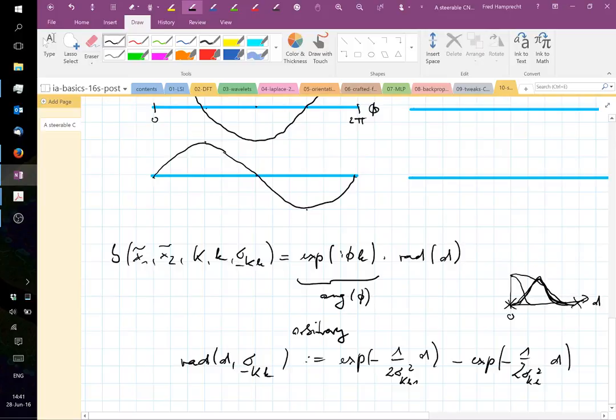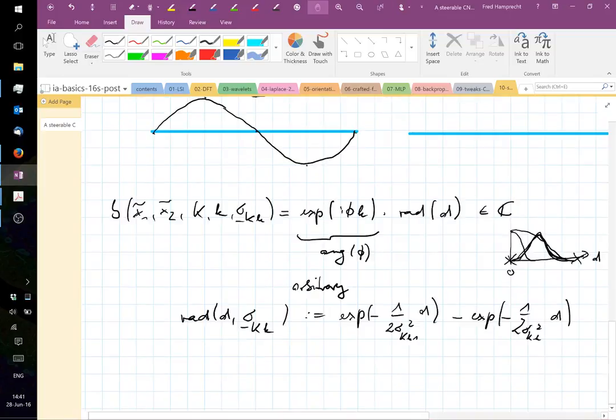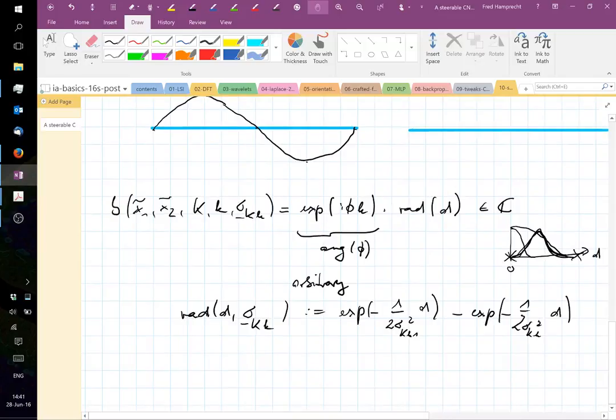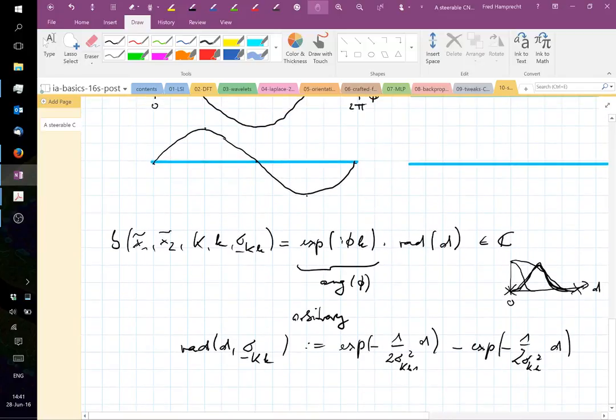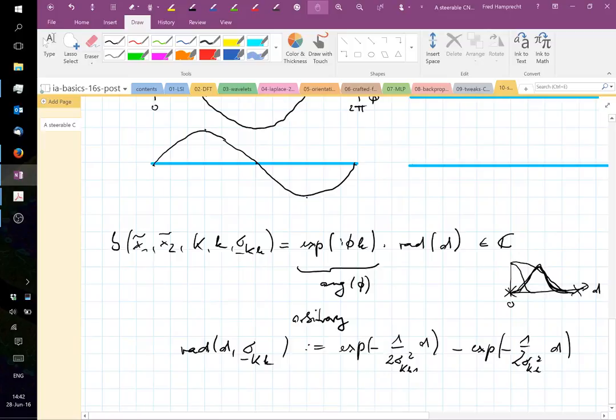And you can think of something better here. Now, this number here is a complex number for each and every choice of the arguments of this function. Okay, and now what's this small and capital K about?